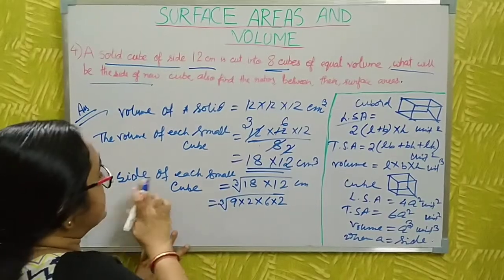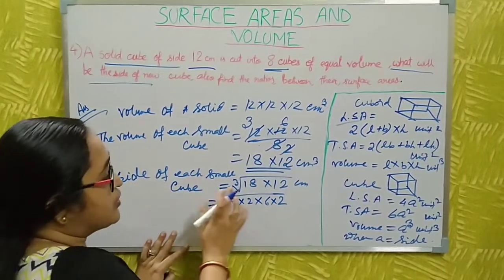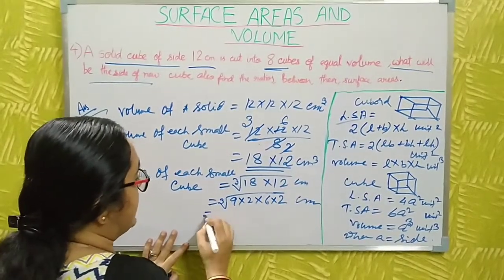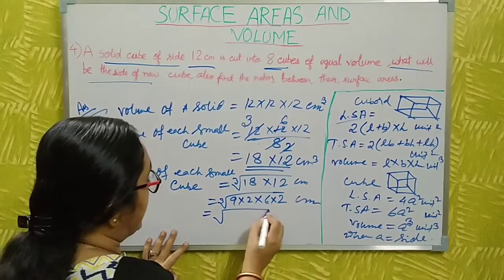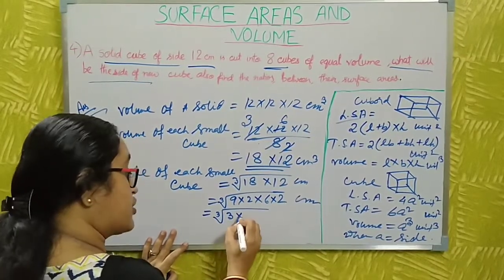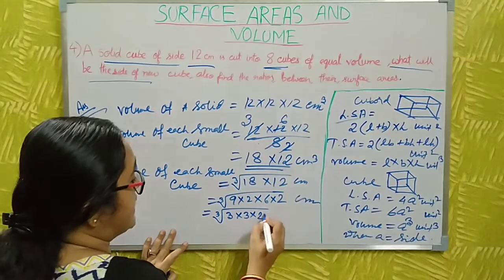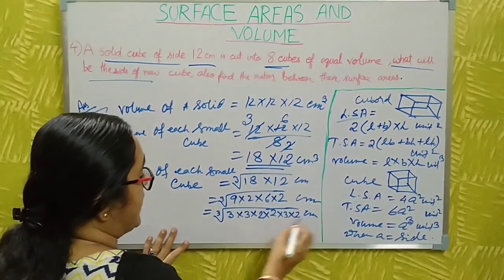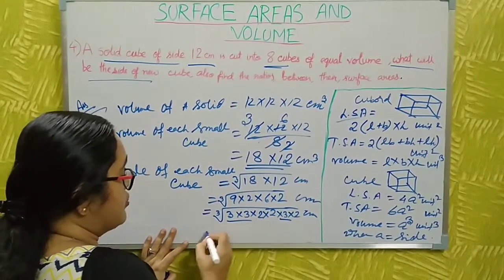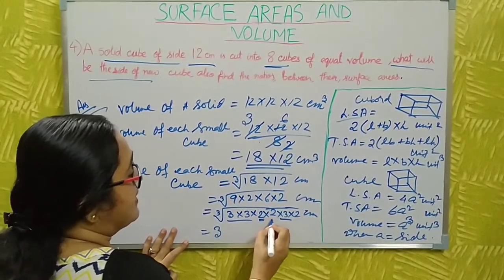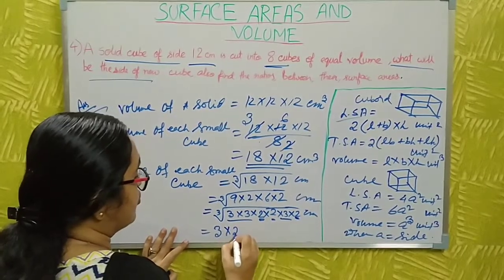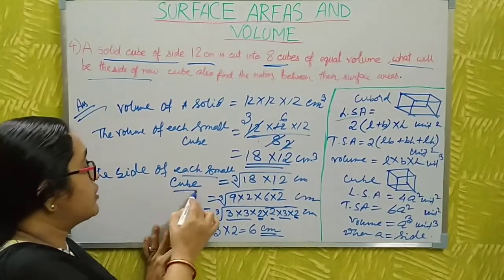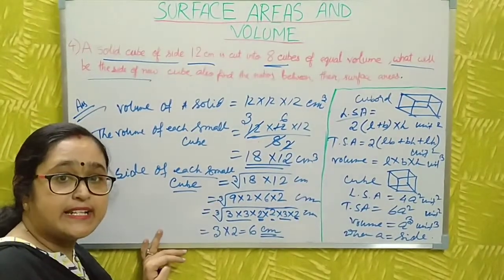Each side of the small cube, the unit is centimeter, and you take out the cube root. 9 2 3s are 6 and 2 also. Now 3 3s you take 1 3, and 3 2s you take 1 2. This is 6 centimeter. Now each small cube side is 6 centimeter.